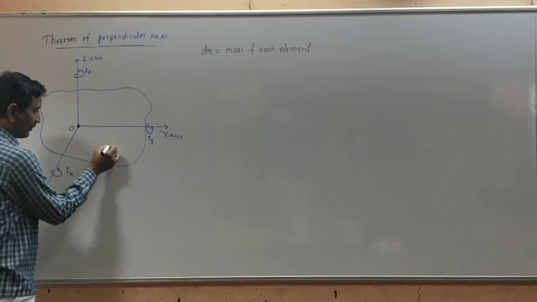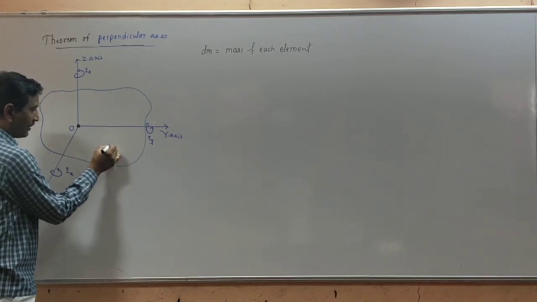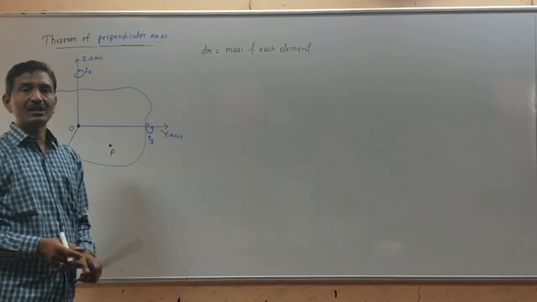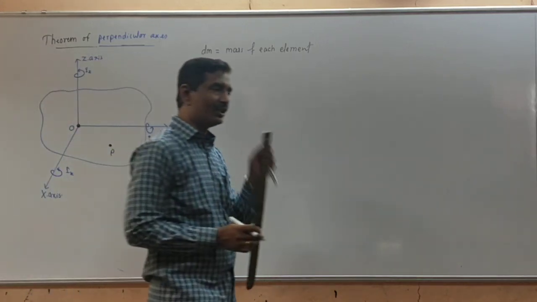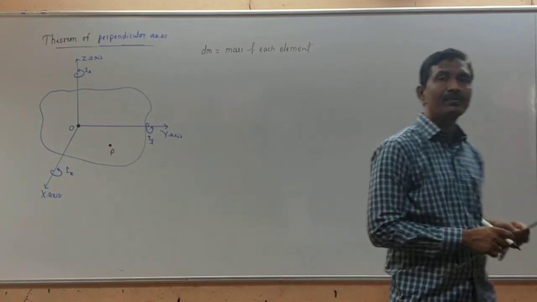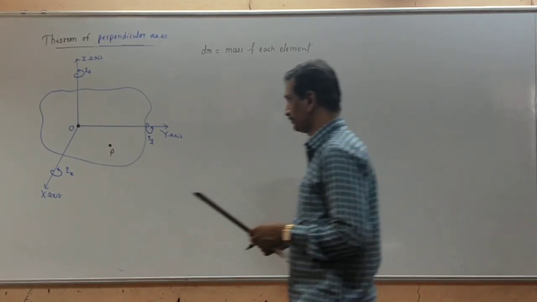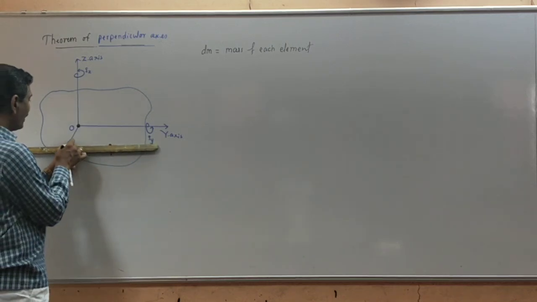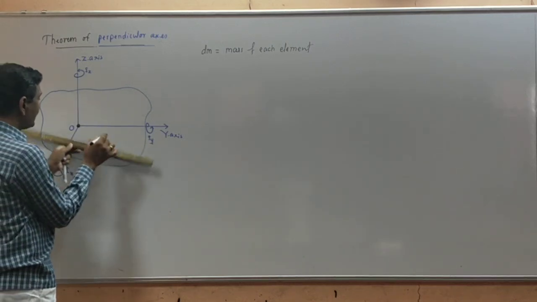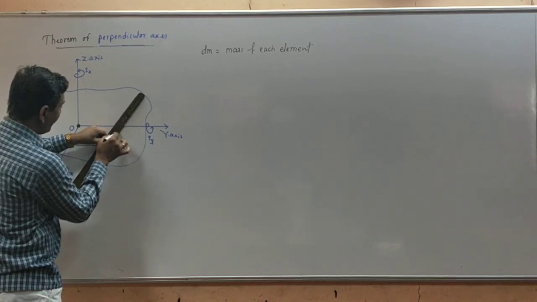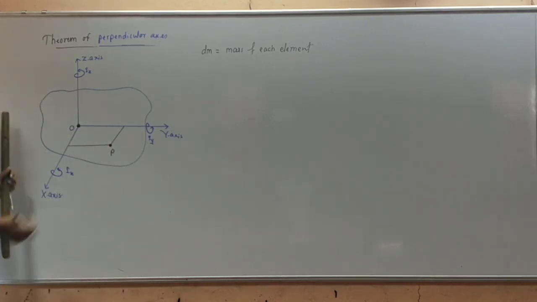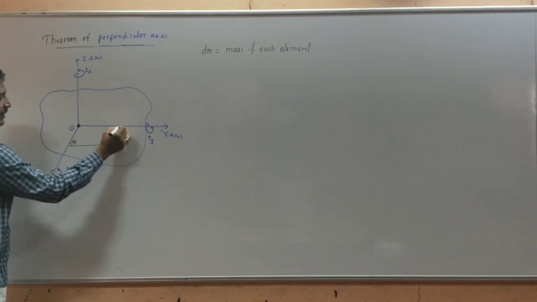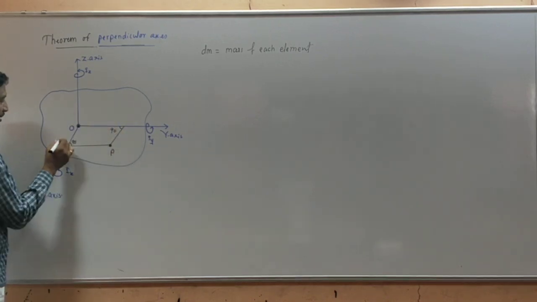Now we consider this one is the element situated at point P. What is the distance of the element at point P from all three axes? For that we draw the perpendicular from point P on the x-axis as well as on the y-axis. It is a three-dimensional figure, so this angle is 90 degrees, and this angle is also 90.